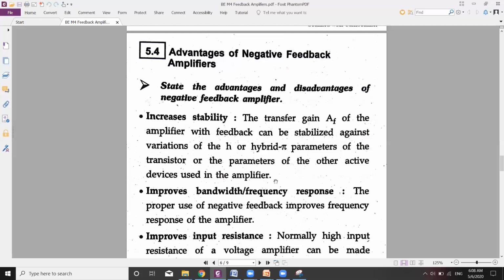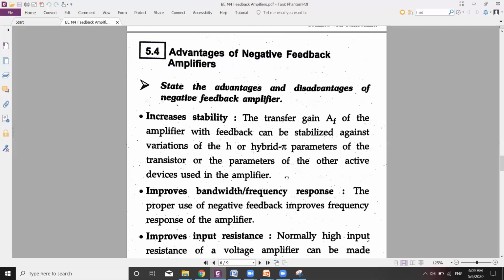The operation of a negative feedback amplifier will be stable, and it is stabilized against variations in some of the parameters, h parameters and hybrid pi parameters, which will come in the higher semesters for you guys. So it will make the h and hybrid parameters of these devices stable. By this, the stability of the negative feedback amplifier increases.